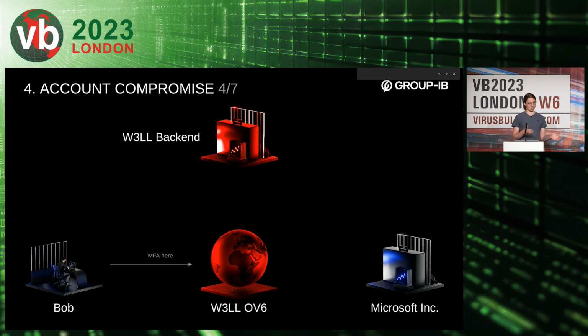So the phishing kit asks him, enter your MFA code. And Bob does, as he has been asked. The MFA code is sent to the WELL backend. The WELL backend sends it to the Microsoft backend. And Microsoft doesn't recognize that something is off, so it will actually send the authenticated session cookie to the WELL backend. This is essentially a man-in-the-middle attack, what you see here.